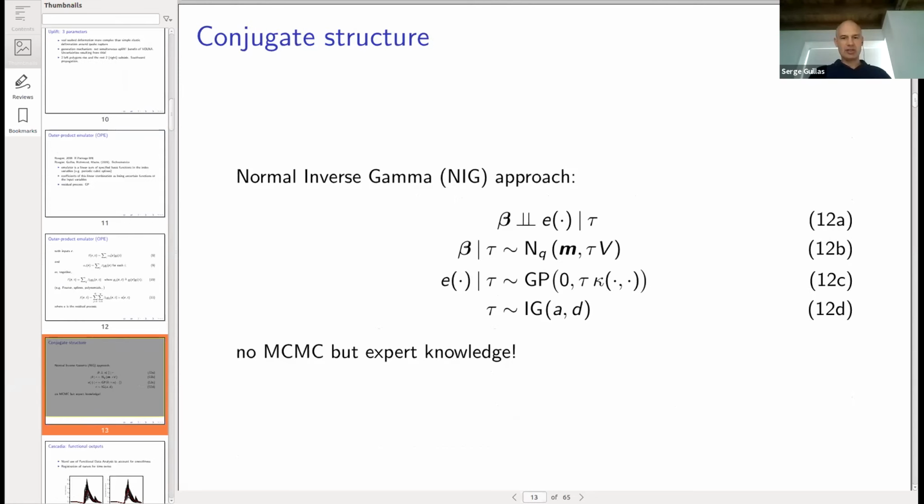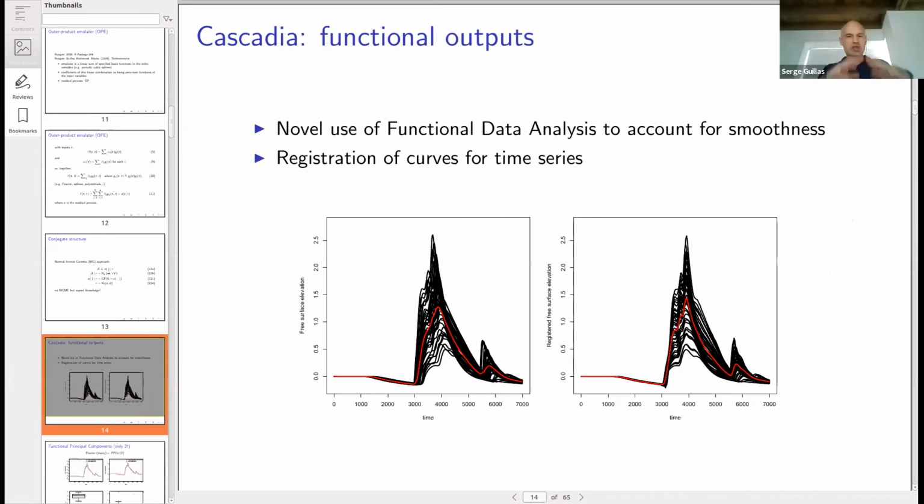Not noisy, but irregular, non-linear variation. We have a statistical setup for that that's fast actually, and that doesn't require MCMC, but that's fine.